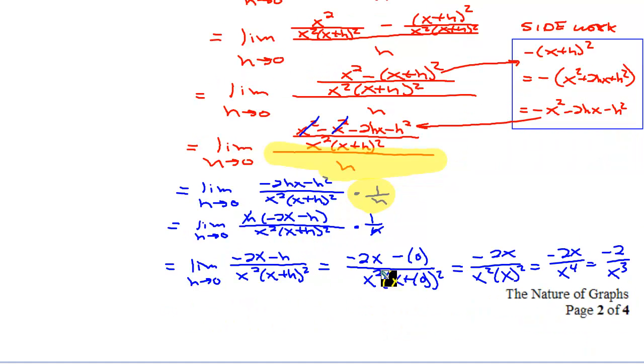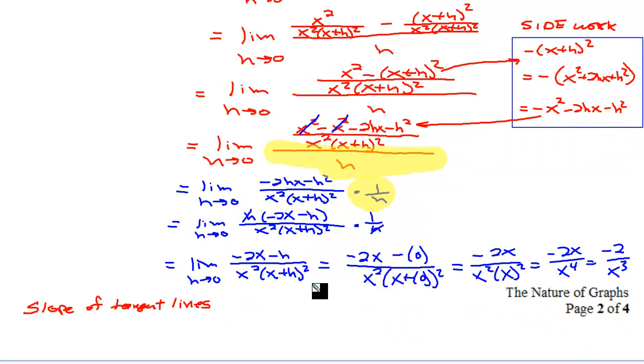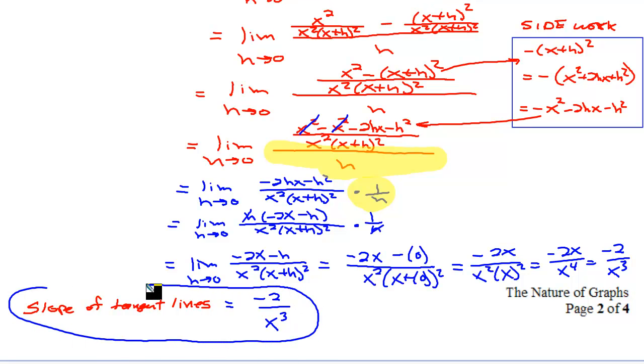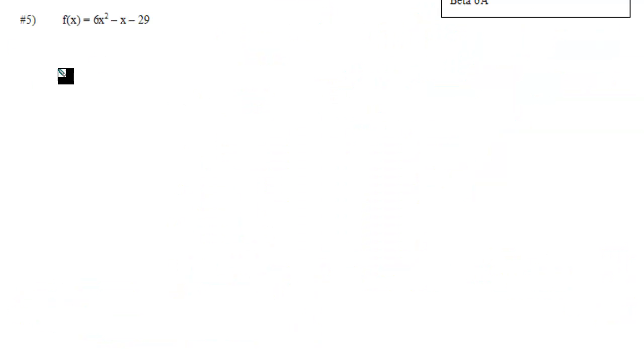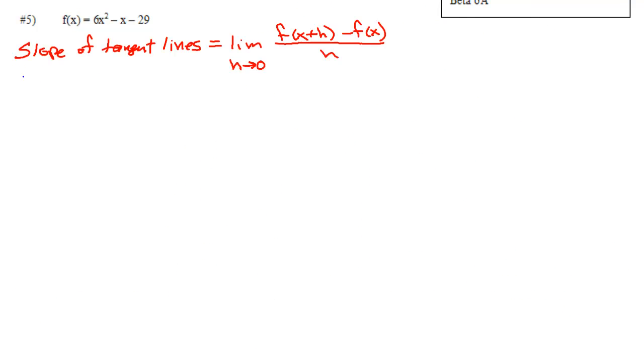The denominator, we get x squared times x squared, which is x to the fourth. So negative 2x over x to the fourth is negative 2 over x cubed. So our final answer is the slope of the tangent lines equals negative 2 over x cubed. That is the slope of the tangent lines. Number 5. Slope of all tangent lines is the limit of the difference quotient as h approaches 0.